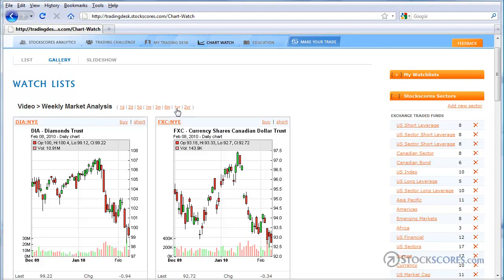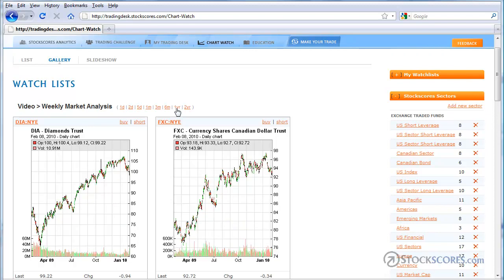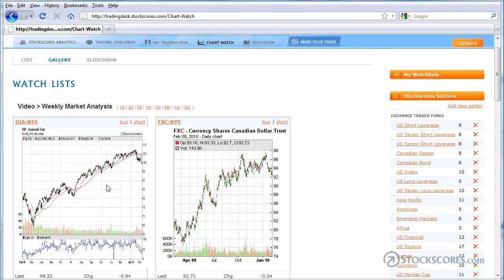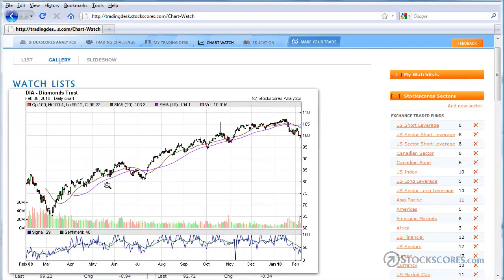Now, my next step is to make these one-year charts. So I'm going to click on 1 year, and that will change the time frame of the charts. Now you can see that we have much longer look-back periods for each of these charts. Now, if you want to see them in larger view, simply click on the chart itself and it will expand, and now we can do our analysis.